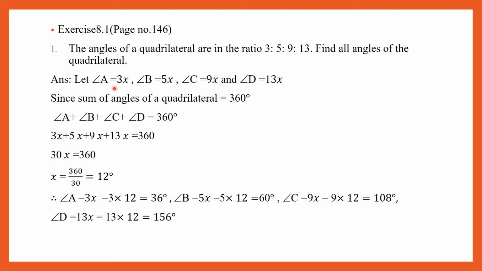Therefore, angle A, which is equal to 3x, will be 3 into 12 equal to 36 degrees. Angle B equal to 5x, 5 into 12, 60 degrees. Angle C equal to 9x, 9 into 12 equal to 108 degrees. And angle D is equal to 13x, which is 13 into 12, 156 degrees.